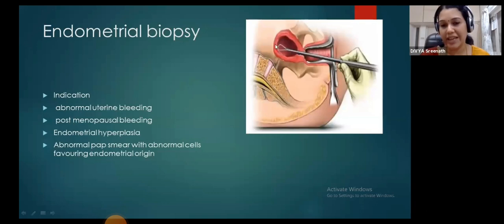From these four areas, samples are collected and evaluated, especially in postmenopausal bleeding. That is, even after menopause there is bleeding, and there may be a chance of endometrial hyperplasia or endometrial CA. To evaluate that, we can use this endometrial biopsy, or even in patients with abnormal uterine bleeding, we can do this endometrial biopsy.